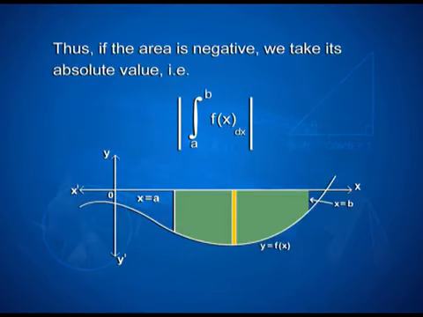Thus, if the area is negative, we take its absolute value, that is modulus of integral a to b f(x) dx. For example, we have a curve below x axis here, Y' is the y axis and the curve is given by y = f(x), x = a and x = b are the ordinates and the strip is taken here.